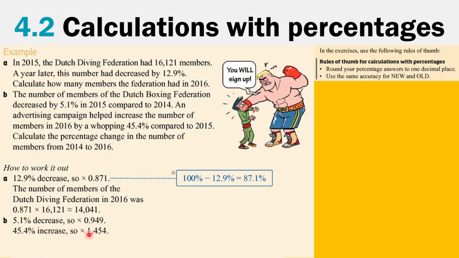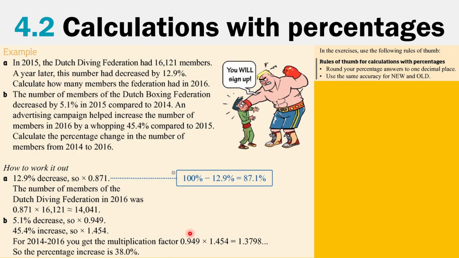So then this is my multiplication factor. And now to find the percentage change as a whole, I just multiply the multiplication factors. It's in the name actually, multiply multiplication factors. If you do this times this, you get an infinite decimal number. So here the percentage increase, because it's bigger than 1, is approximately 38.0%.